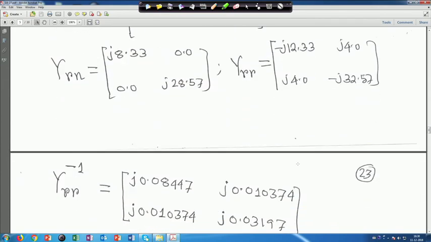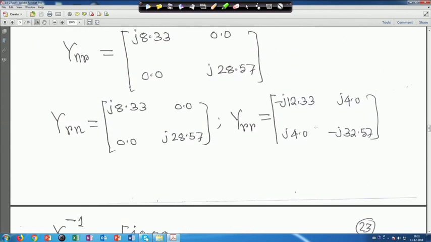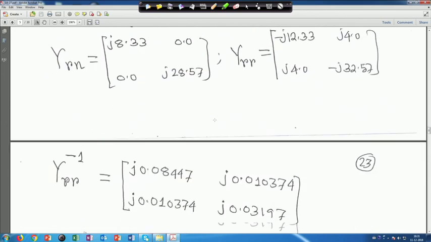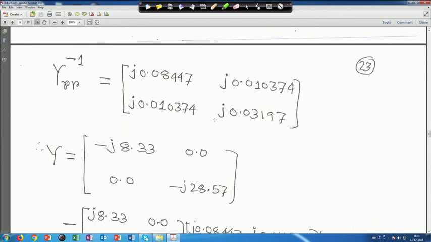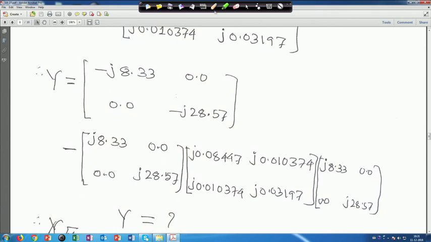If you do so, Y r r inverse will be this much. This is my Y r r, and you can simply invert this 2 into 2 matrix. And then this is your Y n n, that 2 into 2 matrix, this is Y n r, this is Y r r inverse, and this is Y r n, and you multiply all and simplify.